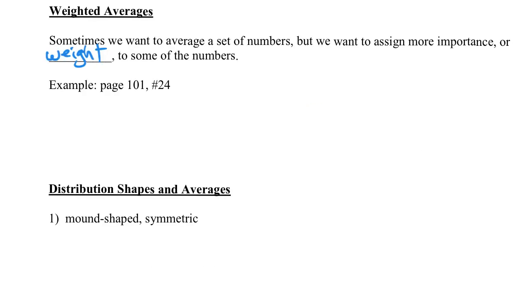So the one that we'll take a look at is page 101, number 24. And it says find the weighted average of a set where, and I'm just going to sketch this out a little bit. It says that 10 has a weight of 5. 20 has a weight of 3.